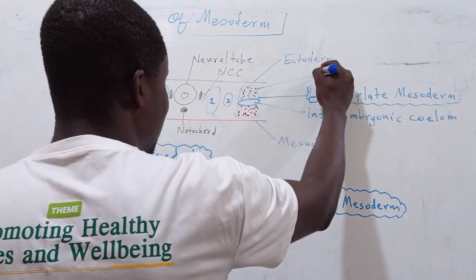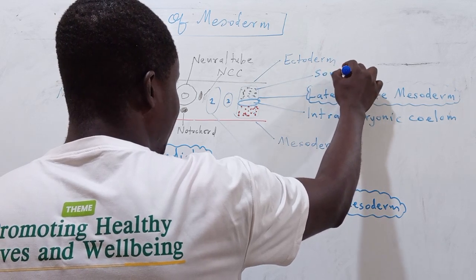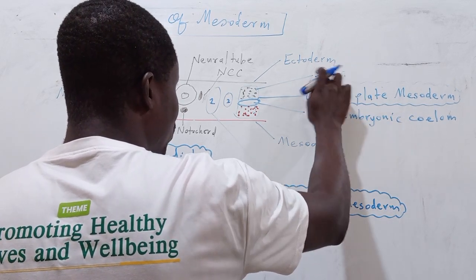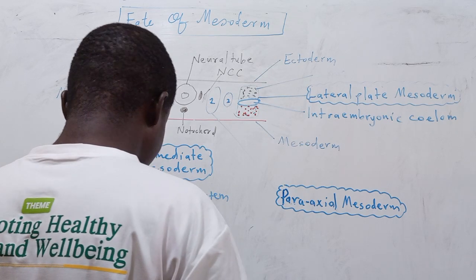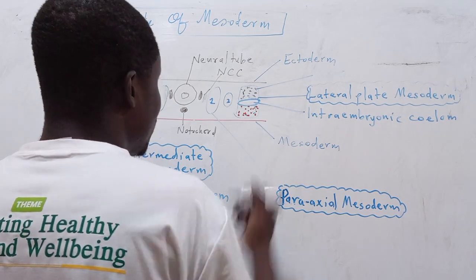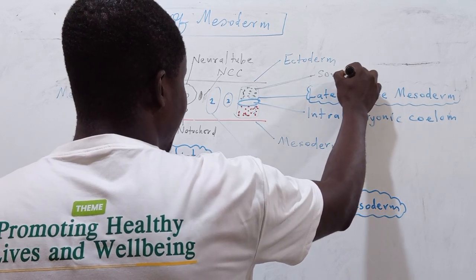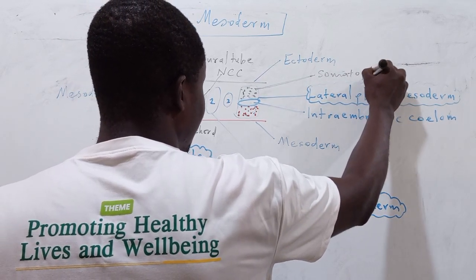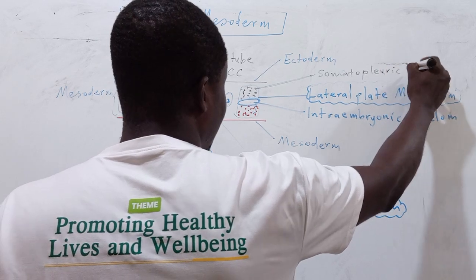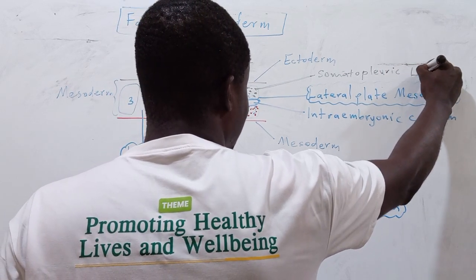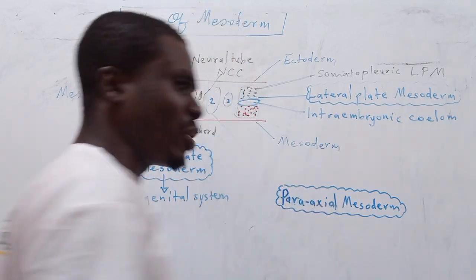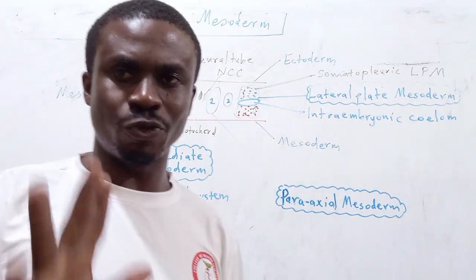So this portion will be called somatopleuric. Now let me use a different color to bring out some distinction. So this portion will be called somatopleuric lateral plate mesoderm.